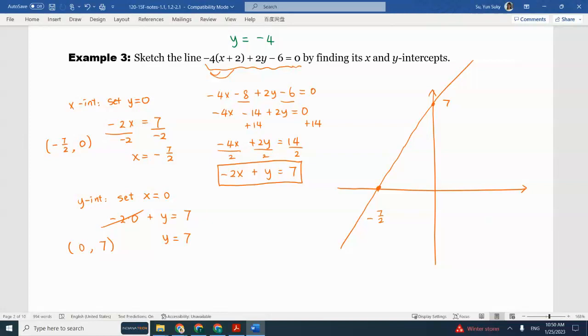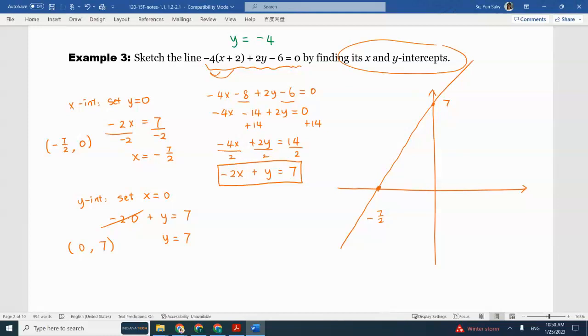Oh, Colin, you have questions? Is it always going to be setting x or y to 0? To find the x-intercept and y-intercept, yes, we do that.